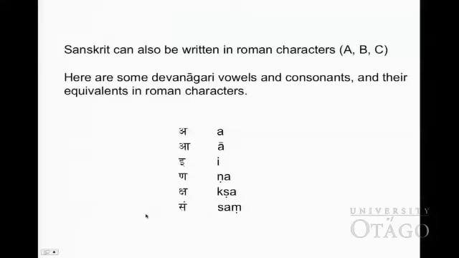Sanskrit can also be written in Roman characters. Here are some Devanagari vowels and consonants and their equivalents in Roman characters, such as a, i, na, kasha, sam.